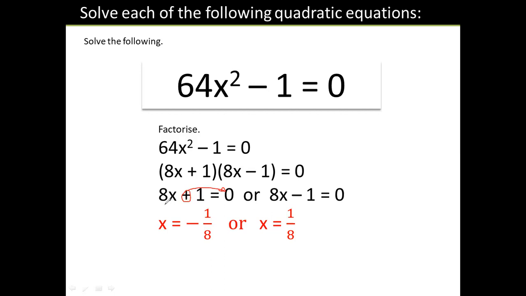So simplify, x equals negative 1 over 8 or x equals positive 1 over 8. So those are the values of 64x squared minus 1 equals 0. Okay? So I guess you understand it.